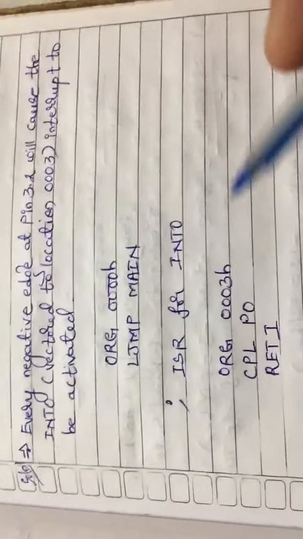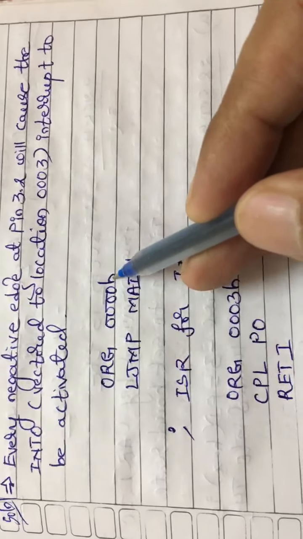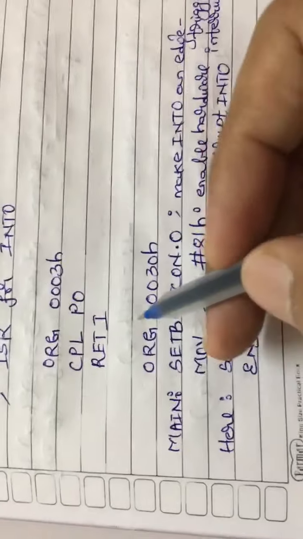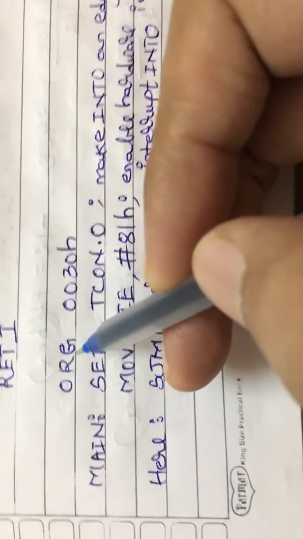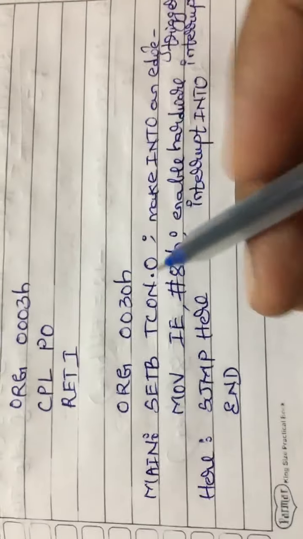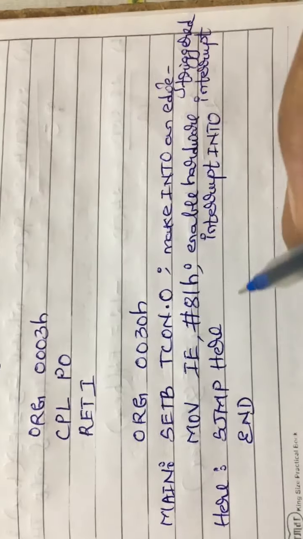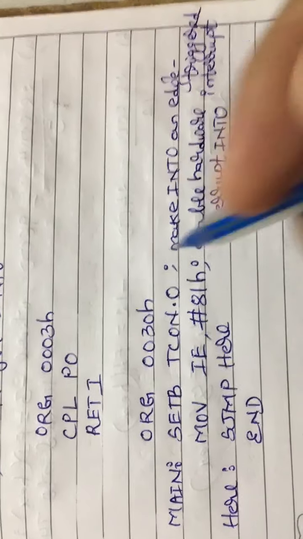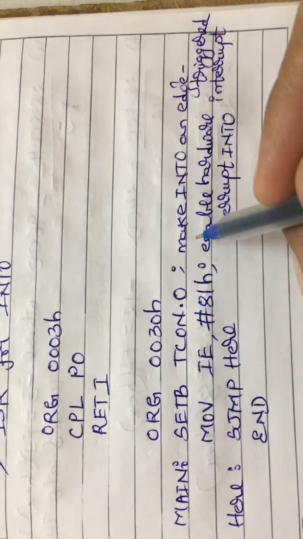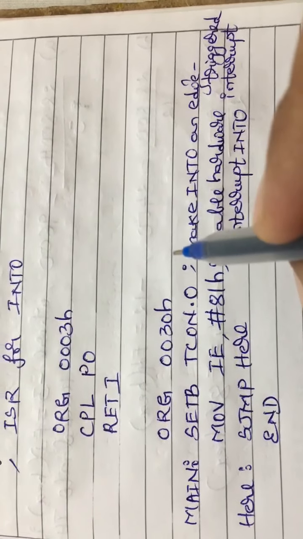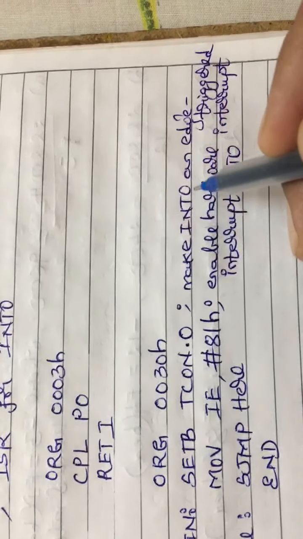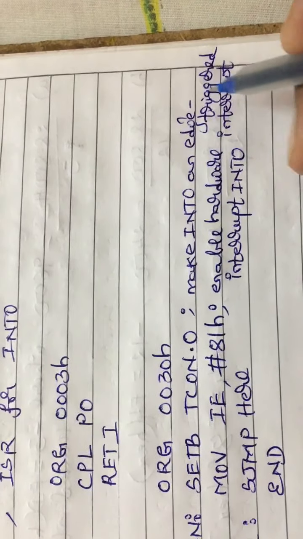So how do we need to start? org 00 ljmp main, right? So in the main, 0030h. Next, while dealing with the theoretical part, I have taken one statement that if you want to activate the edge triggering interrupt, we need to make that with the instructions only. Make INT 0 an edge triggered interrupt.